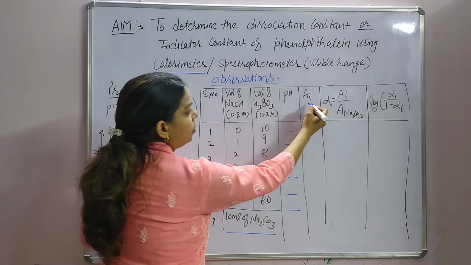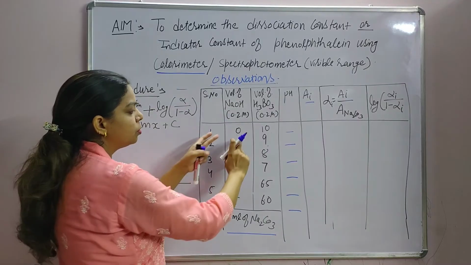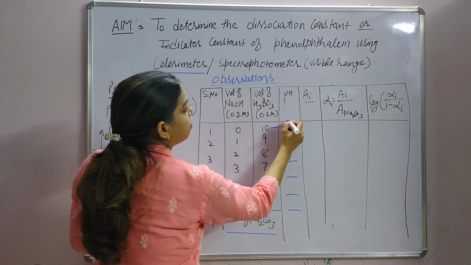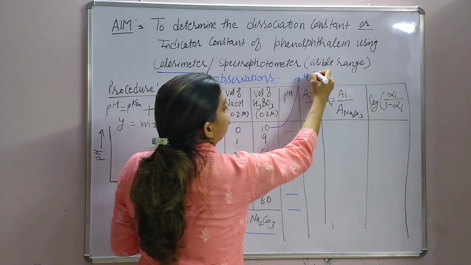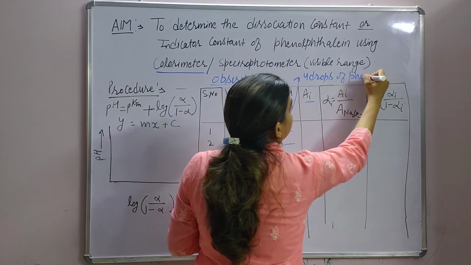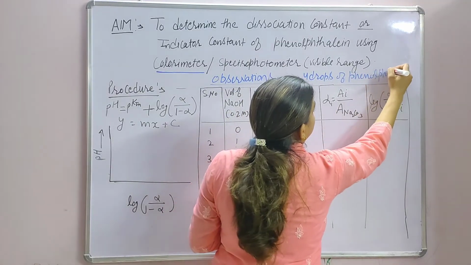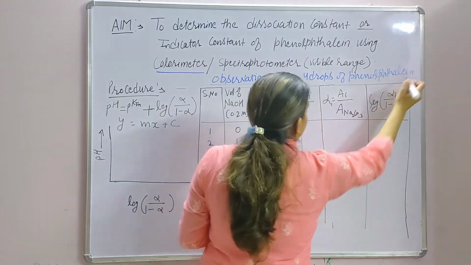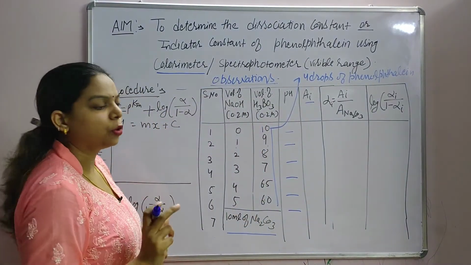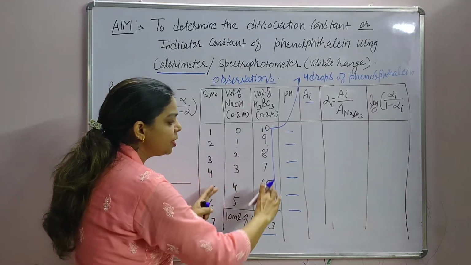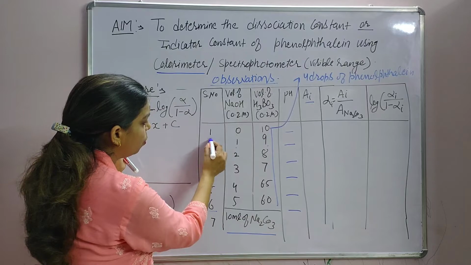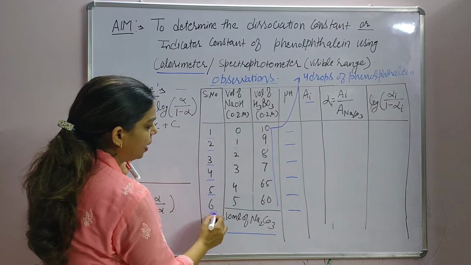And absorbance. Now to these mixtures add 4 drops of phenolphthalein in each mixture. Add an equal amount of phenolphthalein. So the intensity of the color will be different in all these 6 solutions, 1, 2, 3, 4, 5 and 6.